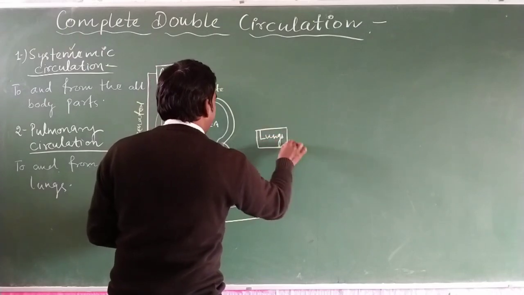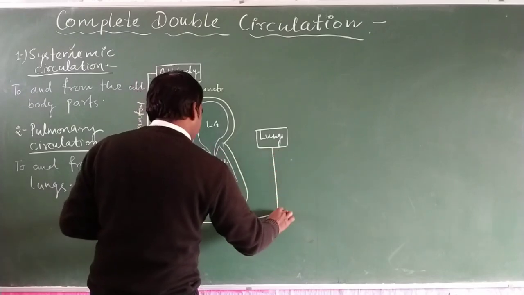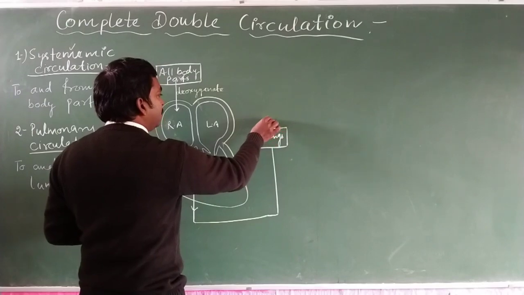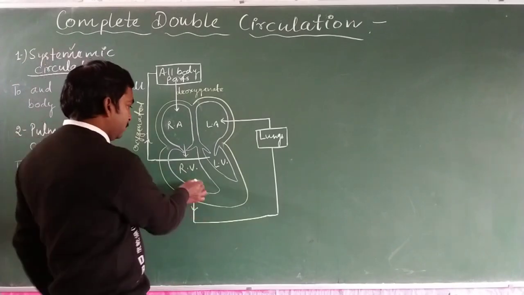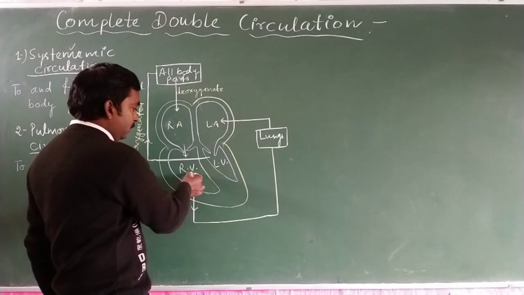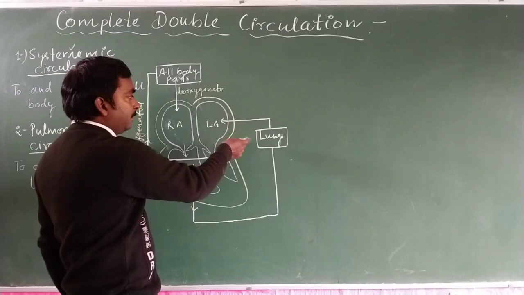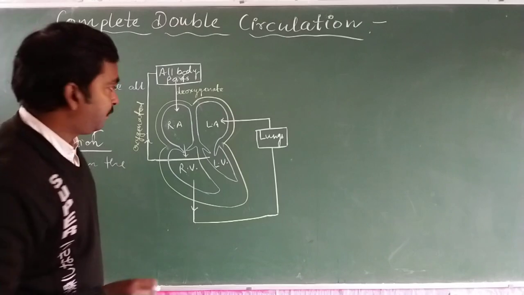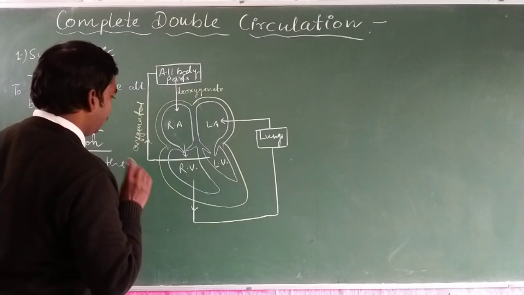The deoxygenated blood from the right ventricle is pumped to the lungs, and from the lungs it is collected into the left atrium. This circulation of blood from the right ventricle to the lungs, and from the lungs to the left atrium, is known as pulmonary circulation.